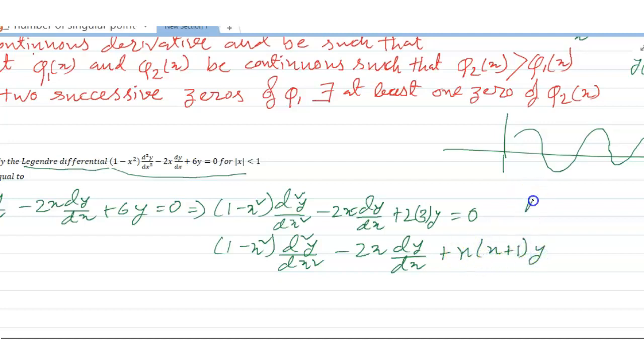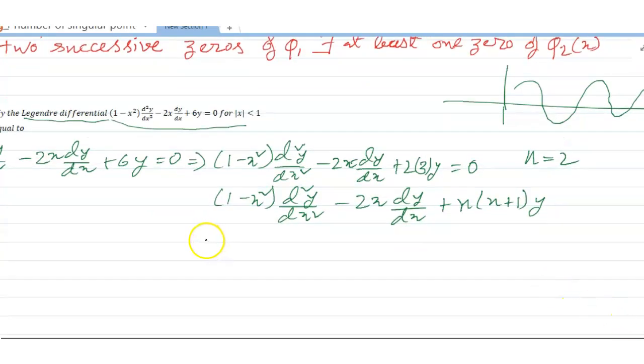So friends, what is the value of n? n equals 2, I get. So y(x) is equal to a0 y1(x) plus a1 y2(x).